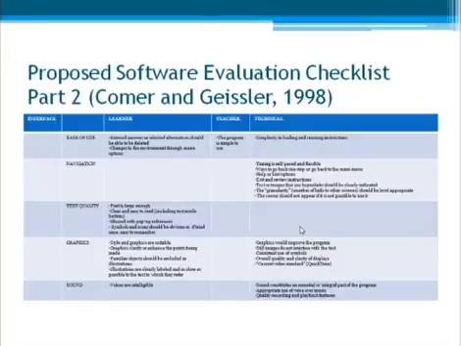Proposed Software Evaluation Checklist Part 2 by Comer and Gessler, 1998. In terms of the criteria interface, Comer and Gessler, 1998, proposed the following subtopics: ease of use, navigation, text quality, graphics, and sound. As you can see, all these aspects focus on technical aspects of the software.